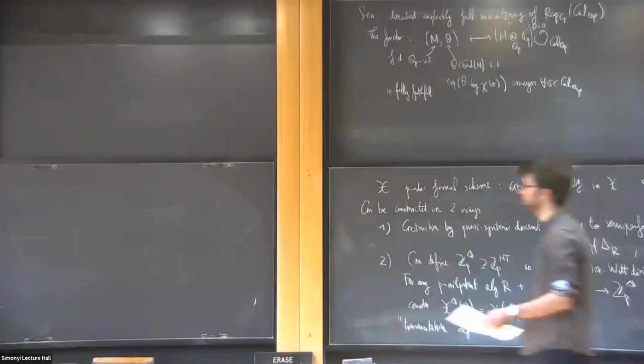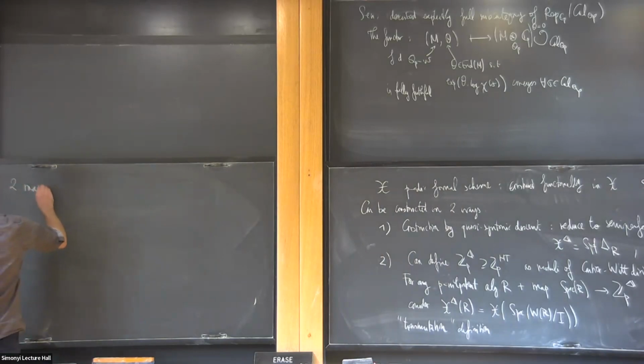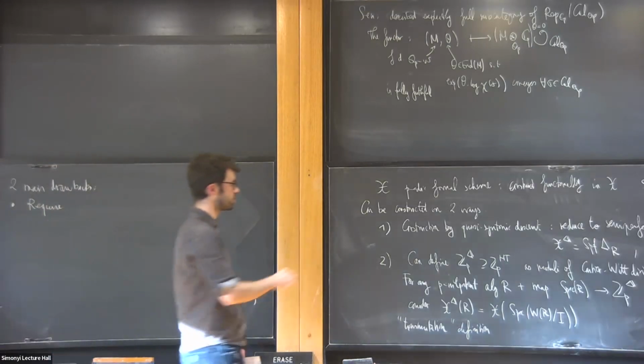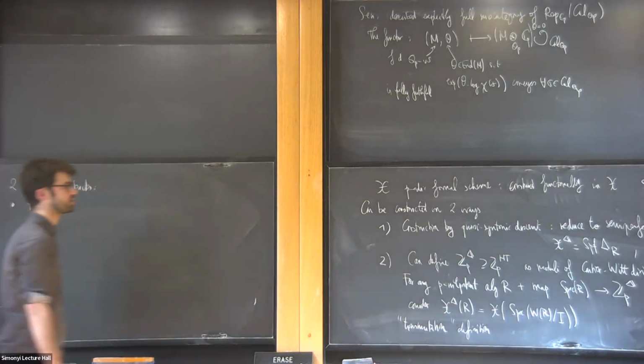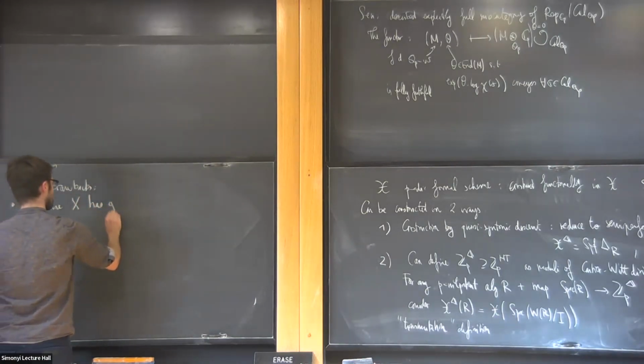But still this statement has two main drawbacks, quite obvious. So first of all, I started with, say, a smooth rigid space, but I need to consider these stacks and understand them. So I need to actually assume that it has a smooth formal model, asking that X has good reduction.